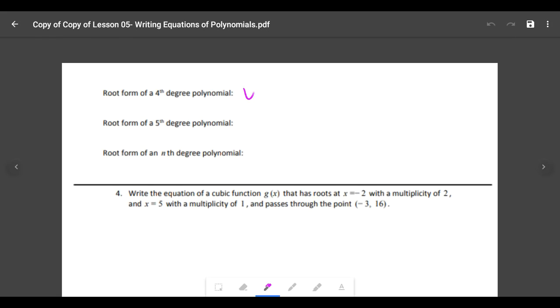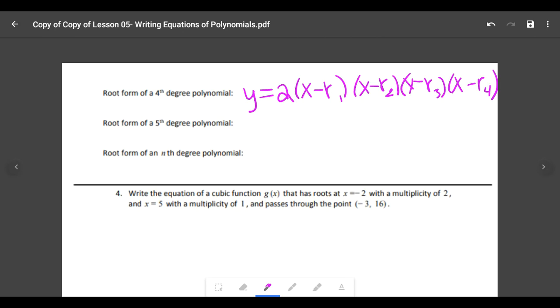If I add in a 4th root, that means I'm adding in another factor. Here's where we ended for a 3rd degree, and for a 4th root I need one more factor. Then for 5th degree, same exact idea, but now I'm going to end up with 5 factors.